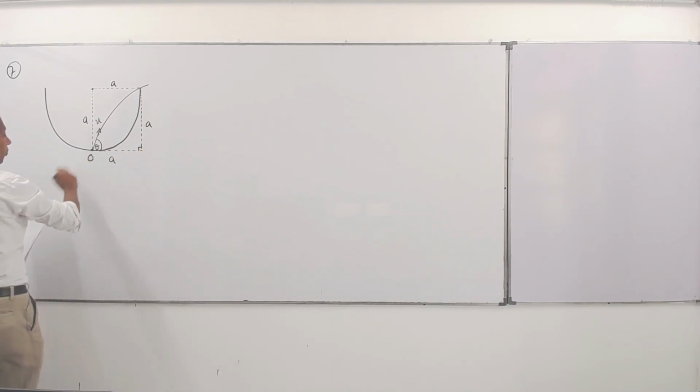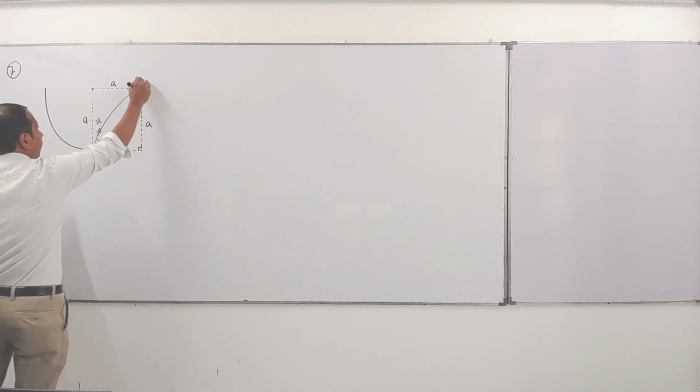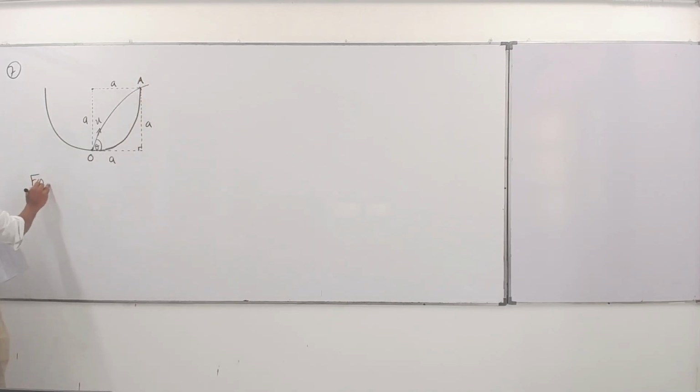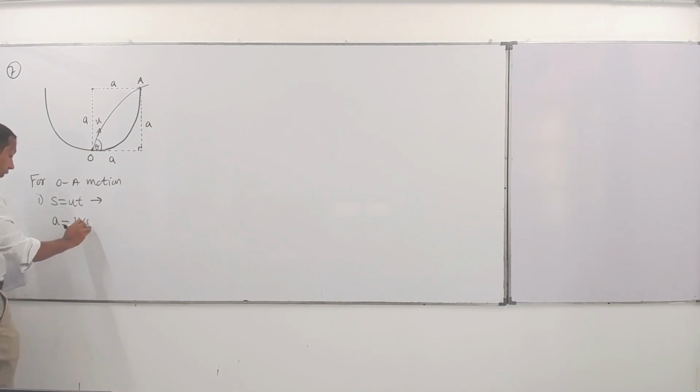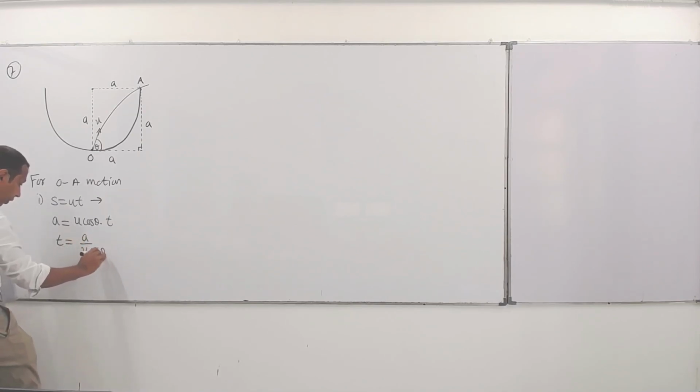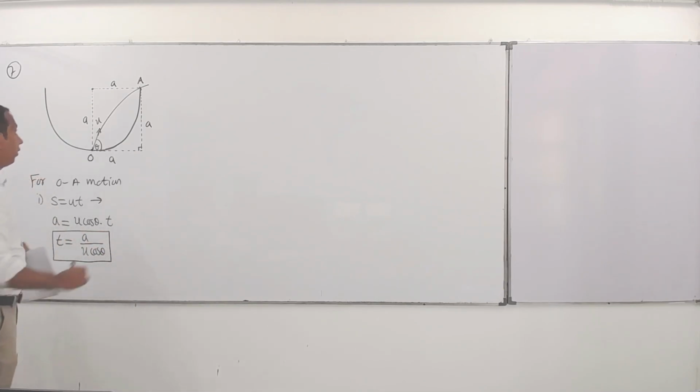Now, if I take this as point O, and this as A, for OA motion, now you can apply s equals ut rightward. s is therefore A. u is u cos theta times t. t equals A over u cos theta. Right.